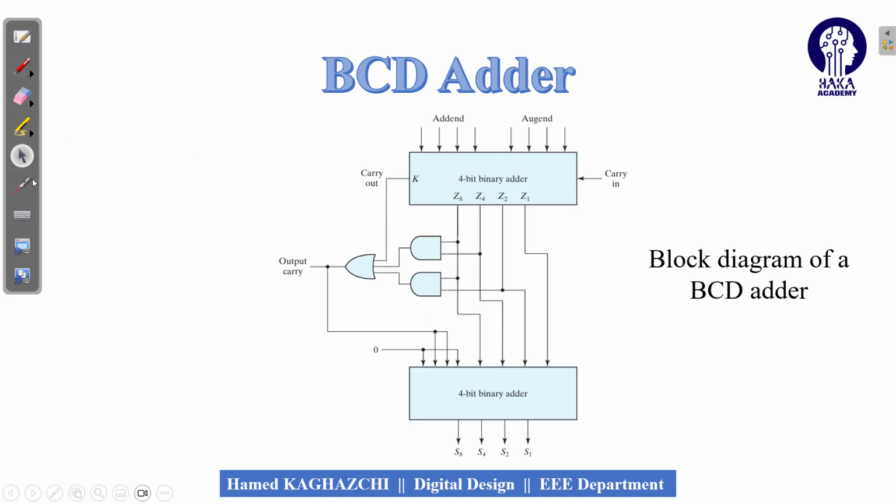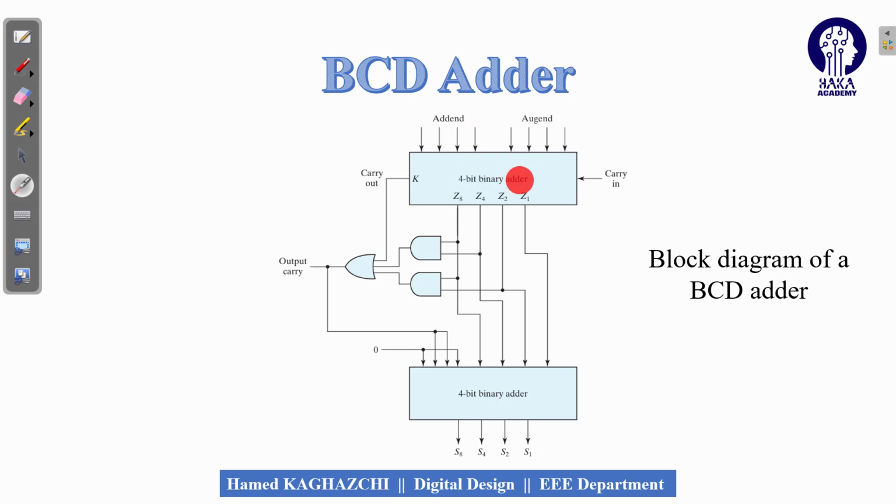Now look at here. Here are two numbers, each written as 4 bits in BCD code. For example, suppose that here is, I don't know, 8, and here is 2. The BCD code of 8 in 4 bits is written here. The BCD code of 2 in 4 bits is written here.